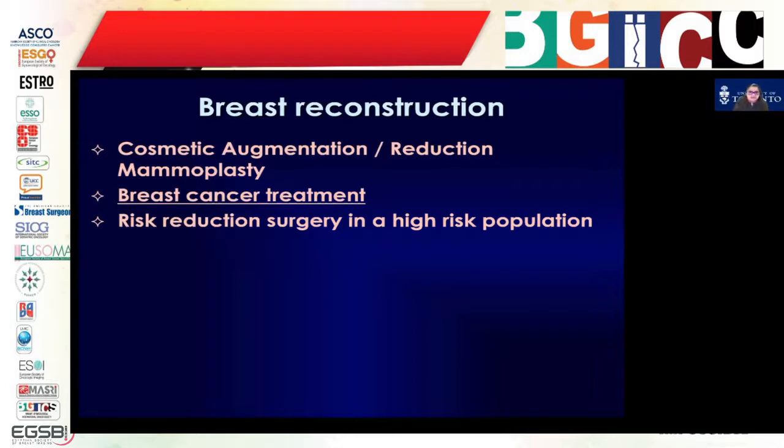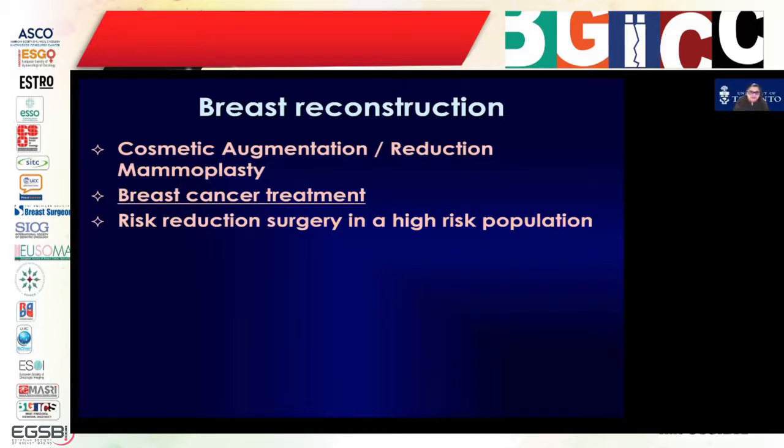So then we're going to talk about breast reconstruction. Women can have breast reconstruction for many different reasons: cosmetic augmentation, reduction, mastopexy, adjustment of the nipple, and so many different cosmetic procedures. There is also risk reduction surgery in high-risk women, such as BRCA gene carriers or those with other genetic mutations, who may choose to have risk reduction mastectomies after they finish having children, or they may do fertility preservation.